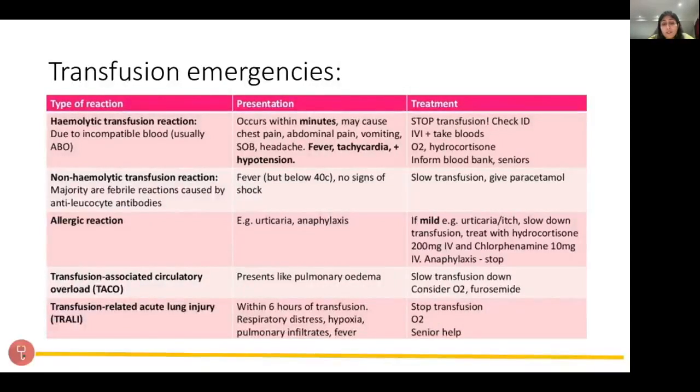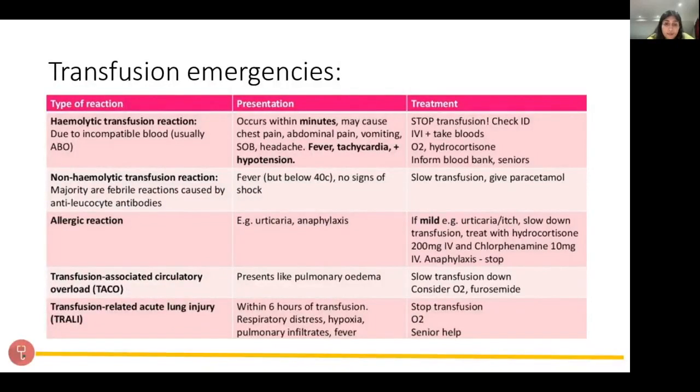So it's a very acute situation, and to manage it, the most important thing is to immediately stop the transfusion. You need to inform the laboratory, the transfusion lab and the hematology lab, of what's happened, and check the ID of the patient, and make sure that you or whoever hasn't actually given the wrong blood.